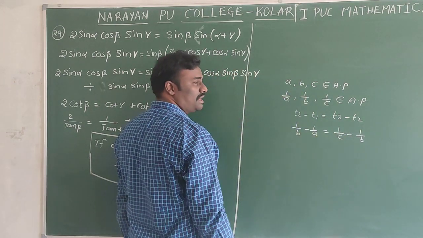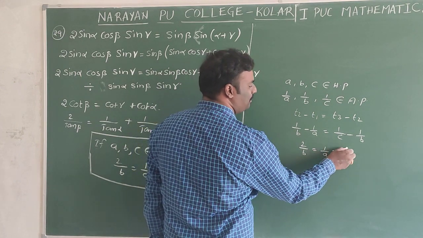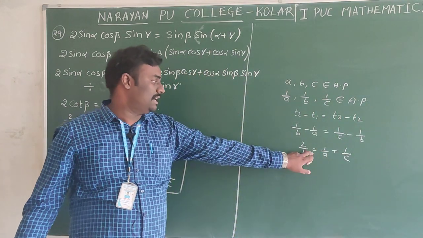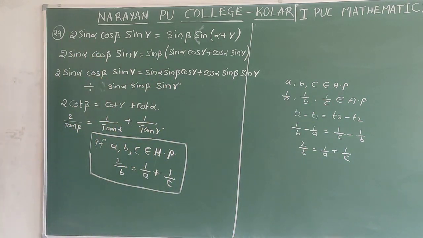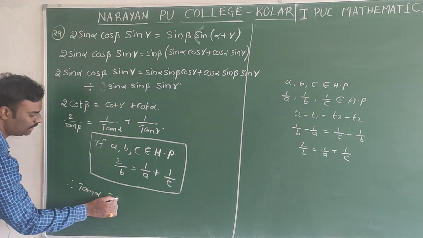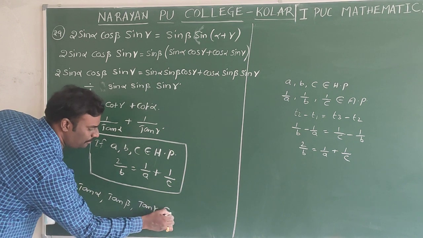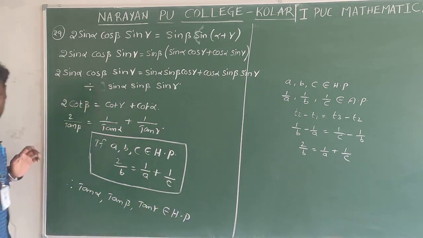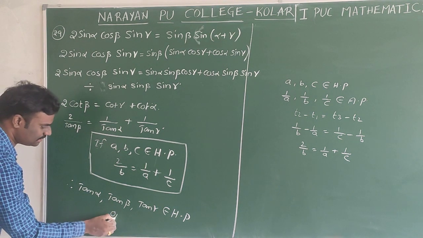This minus 1 by b come to this side, plus 1 by b. Now 2 by b equals to 1 by a plus 1 by c. This is condition for if a, b, c belongs to harmonic progression. Therefore, we can write tan alpha, tan beta, tan gamma belongs to harmonic progression. So, for this question number 28, option C is the correct answer.